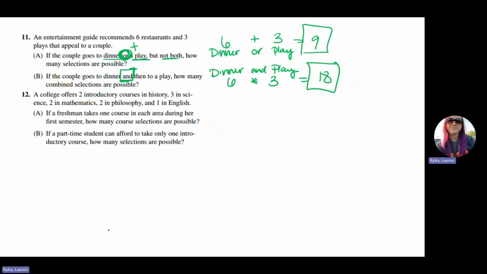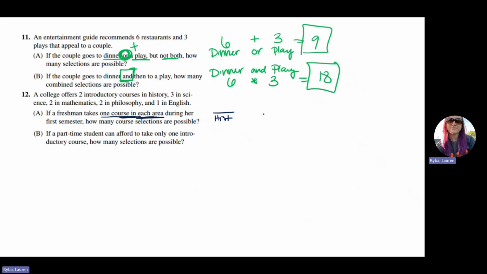A college offers 2 introductory courses in history, 3 in science, 2 in math, 2 in philosophy, and 1 in English. If a freshman takes 1 course in each area, so she's taking something from every single section, how many ways is it possible?